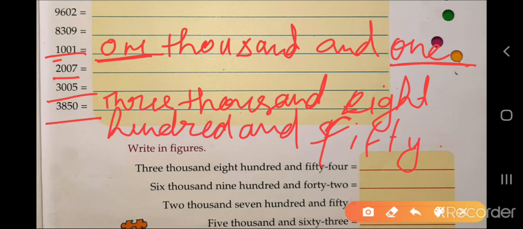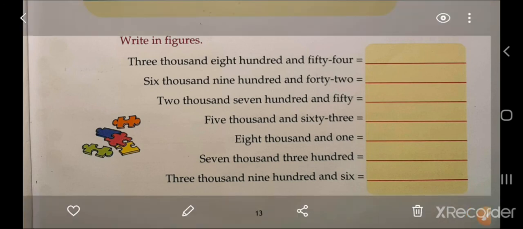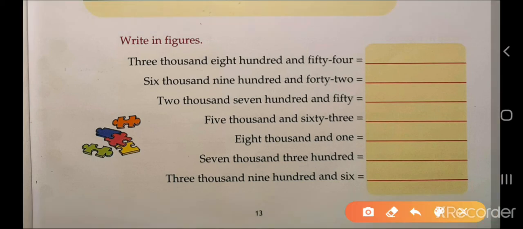Okay, in this question you have to change the number name into figures. So your first question is 3854. First of all consider what is on the thousands place. So here it is 3. Okay, again what is on the hundreds place? 8 and 54.